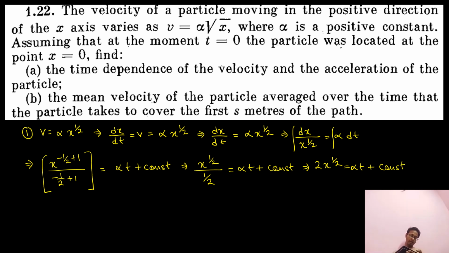Now we know that at t equals 0, x equals 0. So at t equals 0, x equals 0. If we input this in this equation, we get 2 into 0 to the power 1 by 2 equals 0.